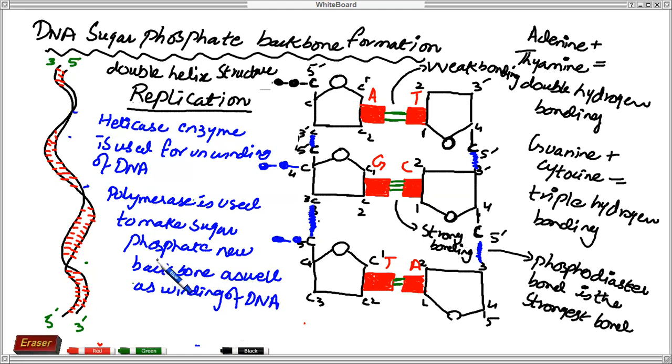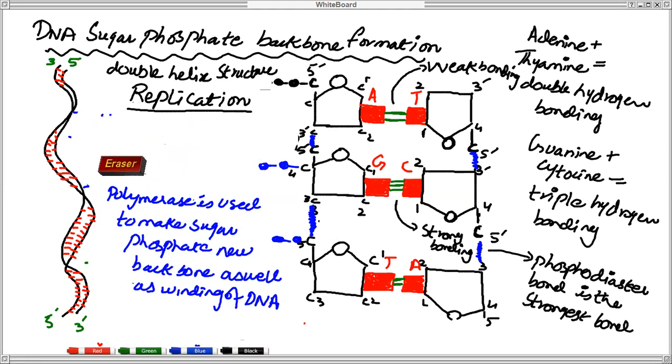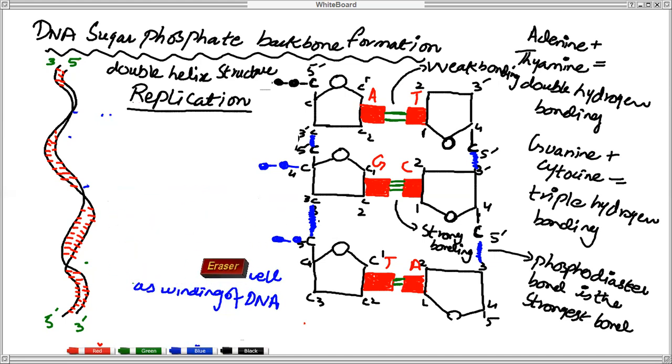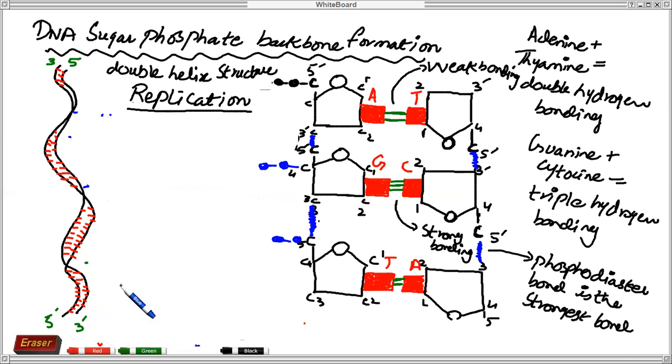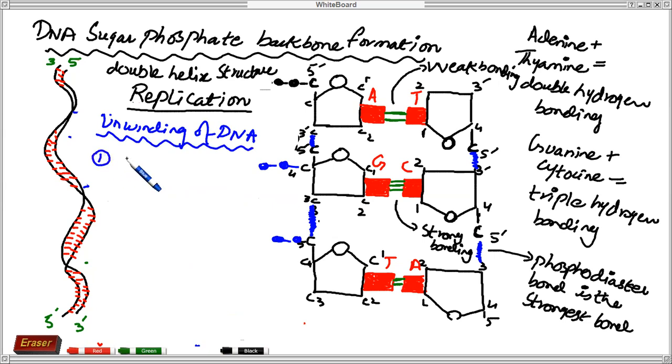As far as unwinding of DNA is concerned, it is also done by temperature fluctuation. Unwinding of DNA: two methods, in fact, three methods.